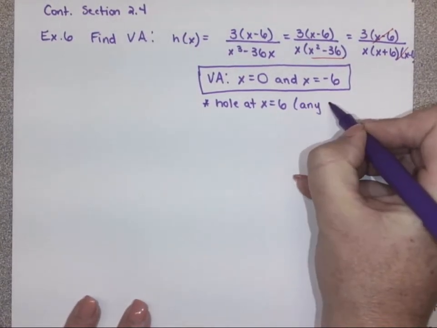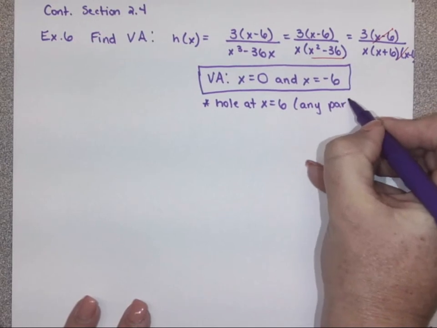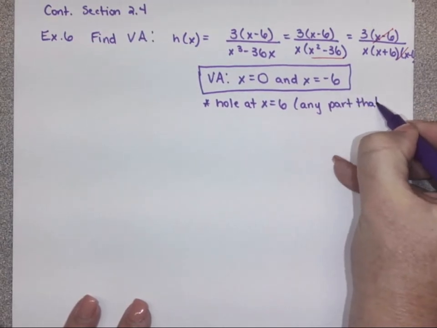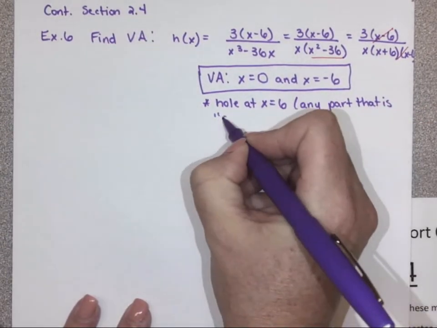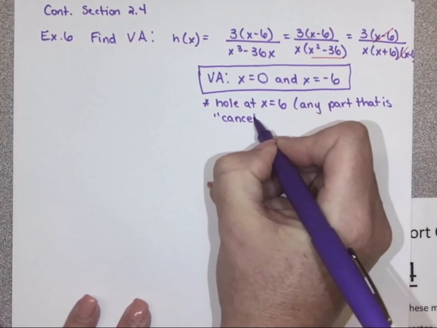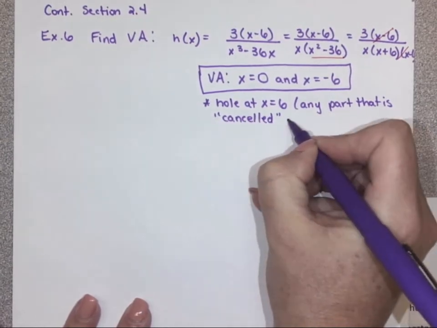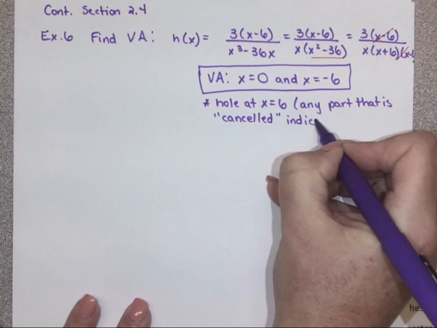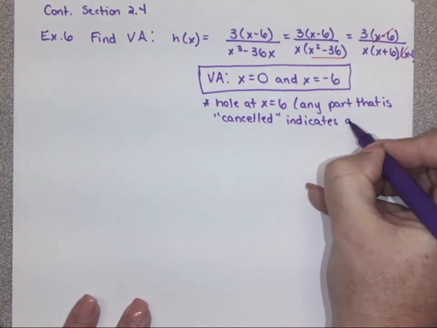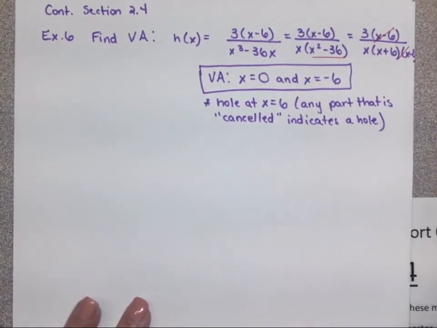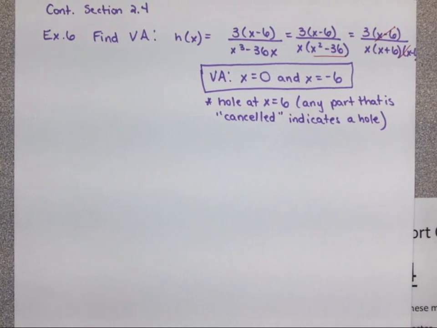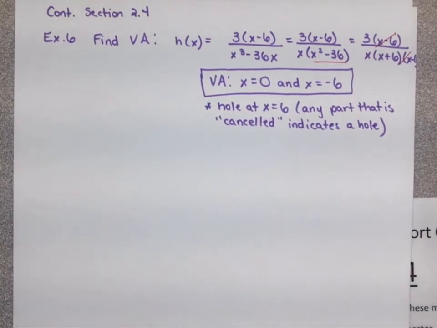So I'm going to say any part that is canceled indicates a hole. While it's not a vertical asymptote, it's still a significant part of the graph, even though we're simplifying it out of there.